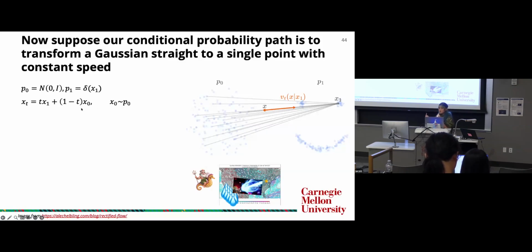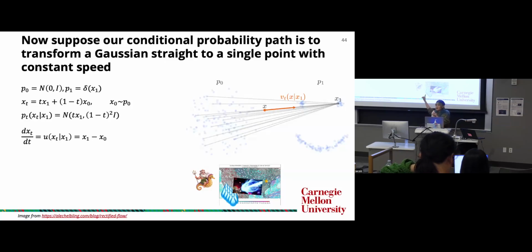This linear combination will add up to 1, and the probability path can be written in this way. Most importantly, the velocity is just xt taking derivative of t, which is equal to data minus noise. That's it. And this is what we're matching to at training time, which we have already seen.